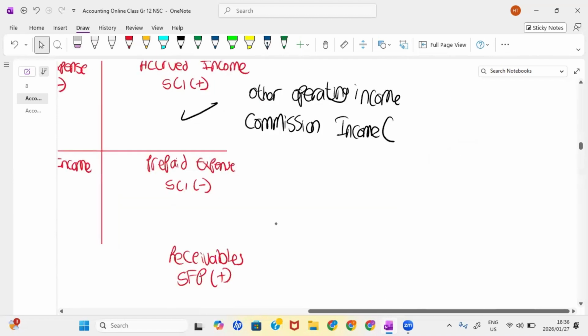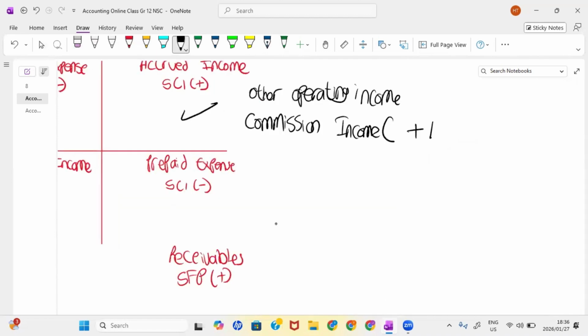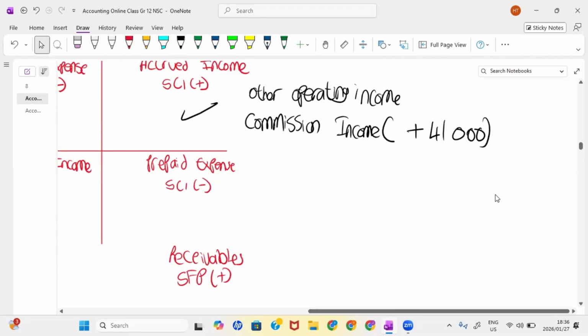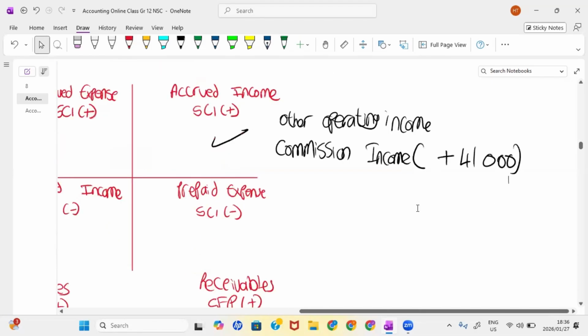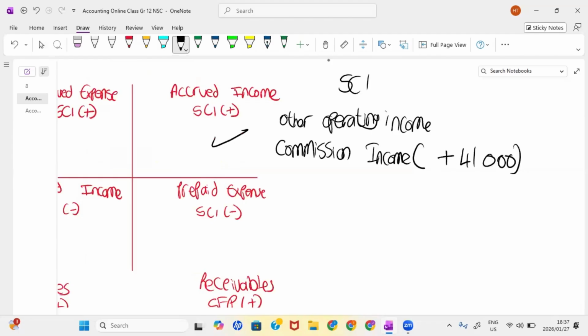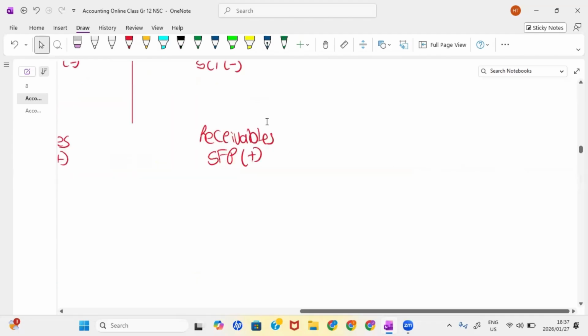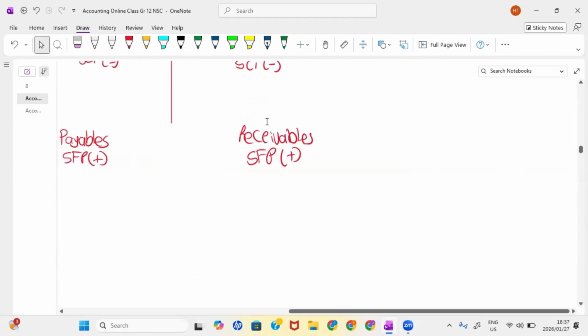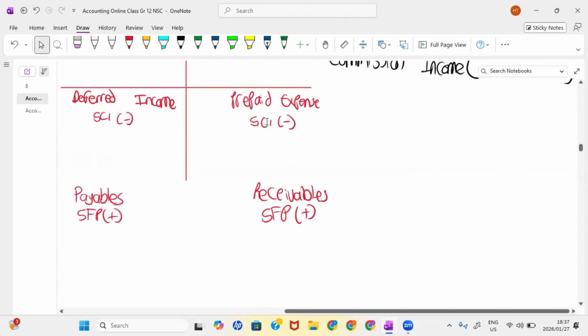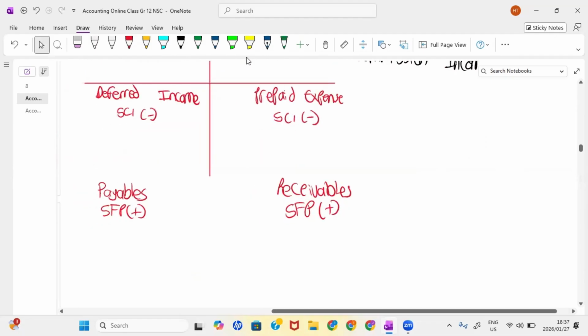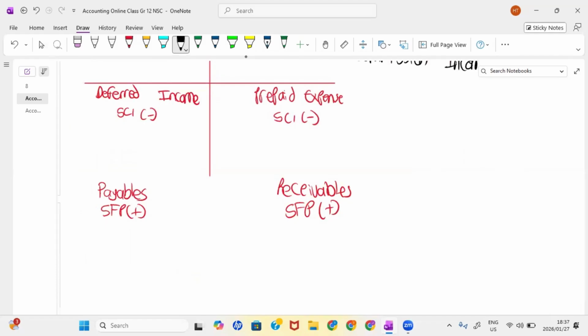You add plus 41,000. Is that clear? Yeah? This is in the statement of comprehensive income. And then when we move to the statement of financial position, we add it where? Under receivables. So we will add 41,000 under receivables.